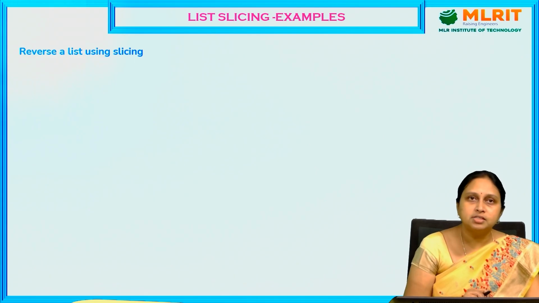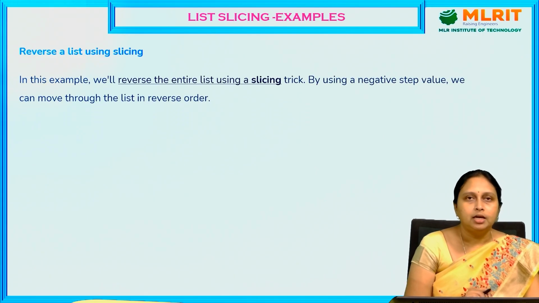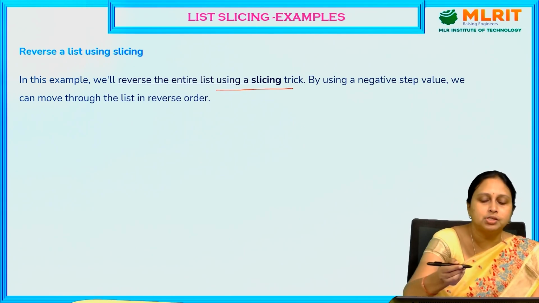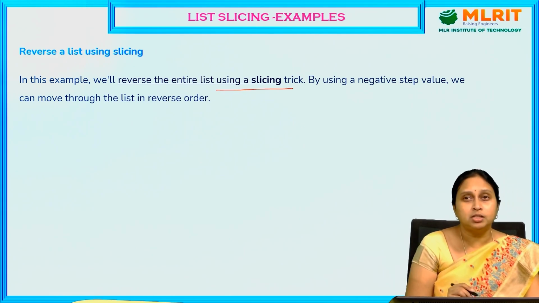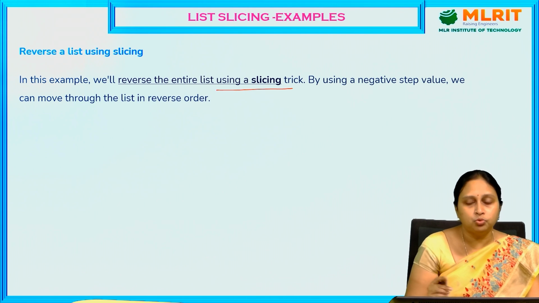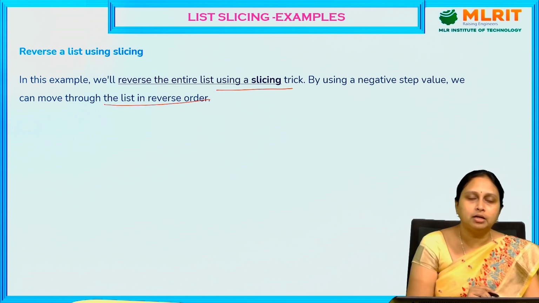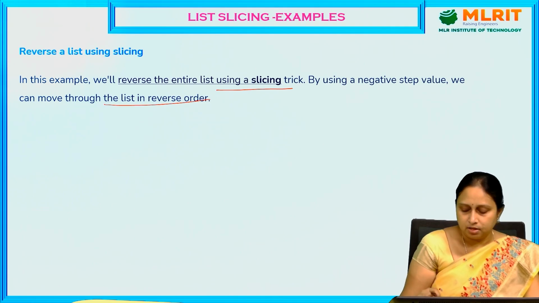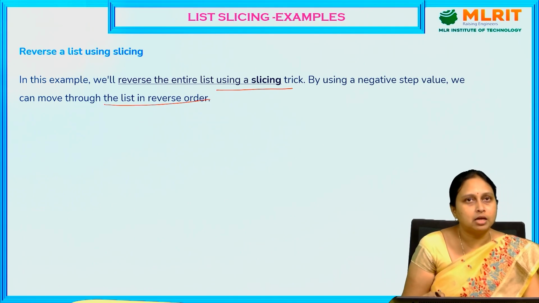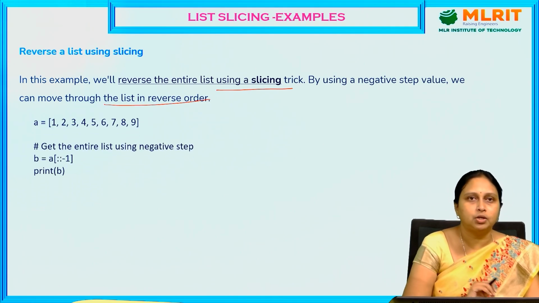And reverse a list by using slicing. In this example, we will reverse the entire list using the slicing trick. By using a negative step value, we can move through the list in the reverse order. If you want to print the elements in the reverse order, we can reverse a list using slice. How can we do that?